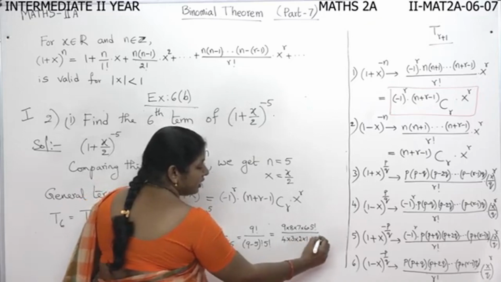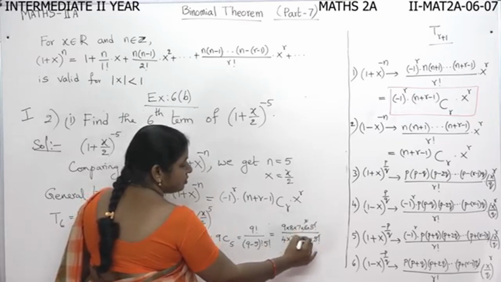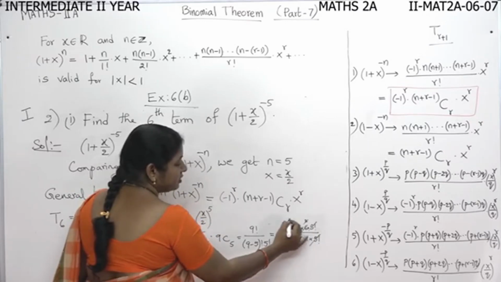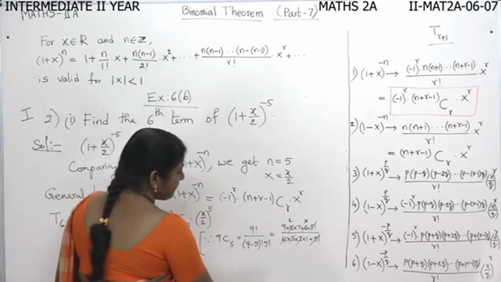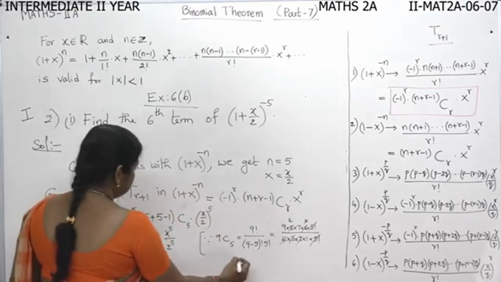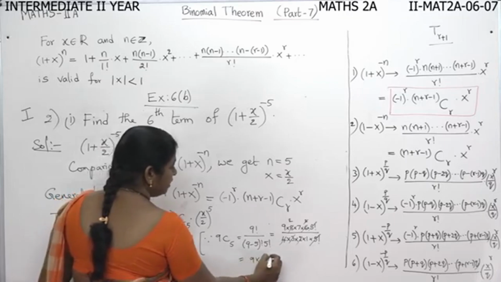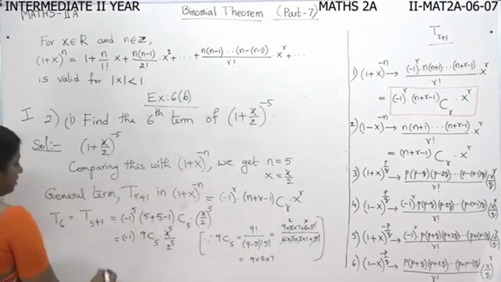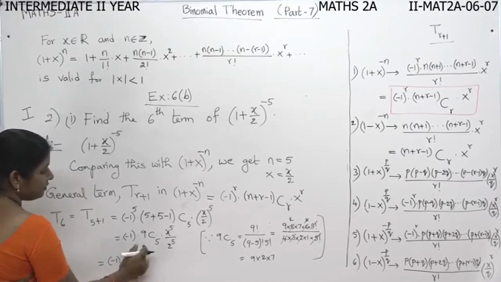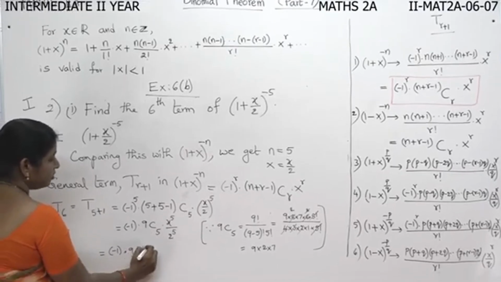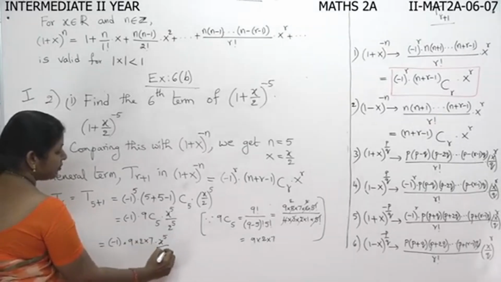I am writing as it is so that I can cancel the two 5 factorials. 3 goes in this 6 two times, 2 and 2 get cancelled, 4 goes in this 8 two times. The remaining terms are 9 into 2 into 7, so minus 1 into 9c5 is 9 into 2 into 7 into x to the power of 5 by 2 to the power of 5.